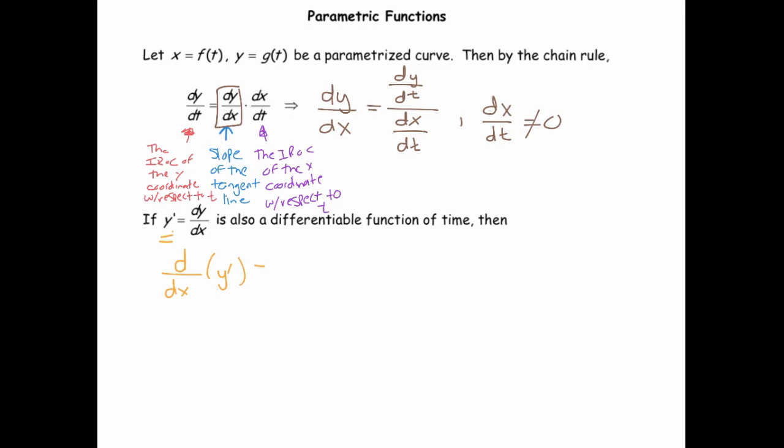So what's that? Well, that's dy prime over dx, right? Now if you just follow the logic above, look very carefully above. When we wanted dy dx, it was dy dt over dx dt. If we want dy prime dx, it's going to be dy prime dt divided by dx dt.